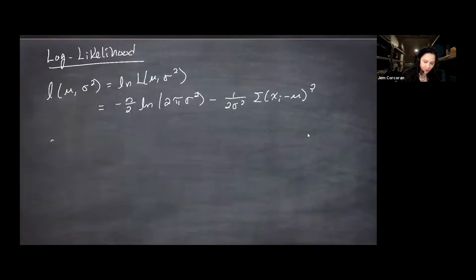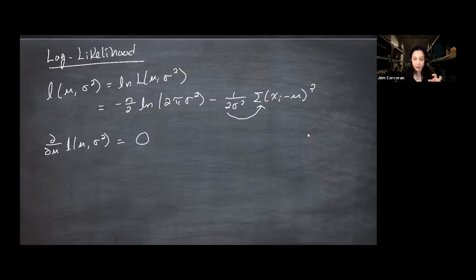I'm going to take the derivative with respect to mu of the log likelihood. The first term just goes away. There's no mu there. And the second term, I can bring the derivative through and inside the sum, and for that term I'll get 2 times xi minus mu to the 1 times minus 1, little chain rule action.